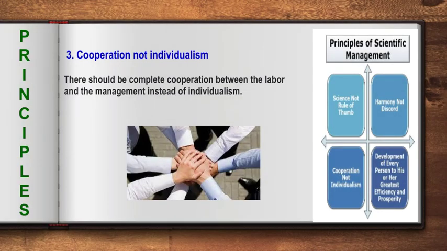The third principle is cooperation, not individualism. Different persons or staff make up an organization, and each one is equally important to the organization. Business is all about collaboration and teamwork, without which a business may struggle to achieve its goals.